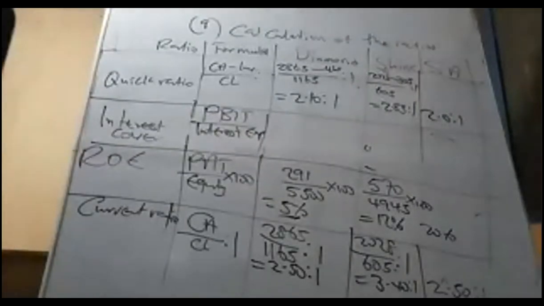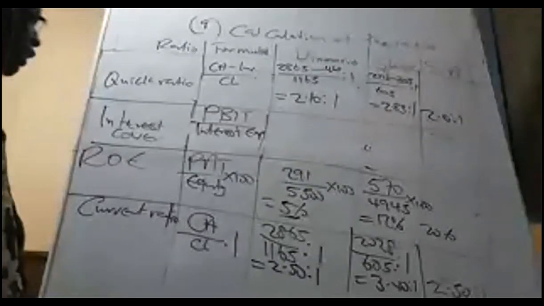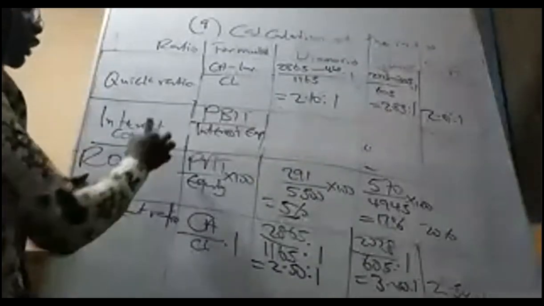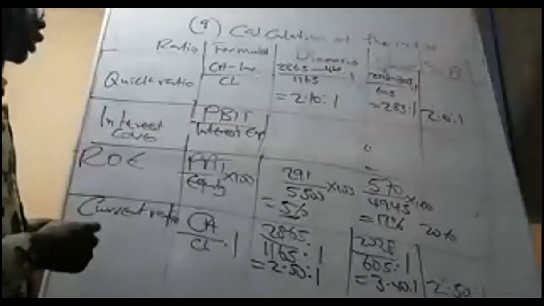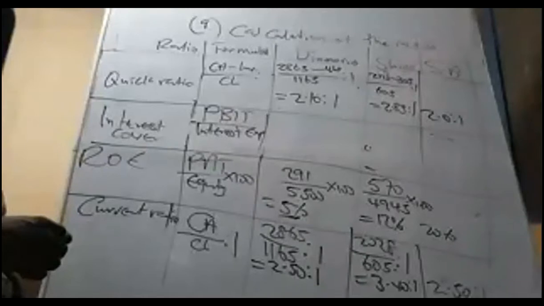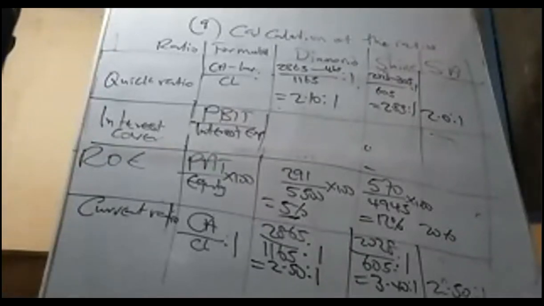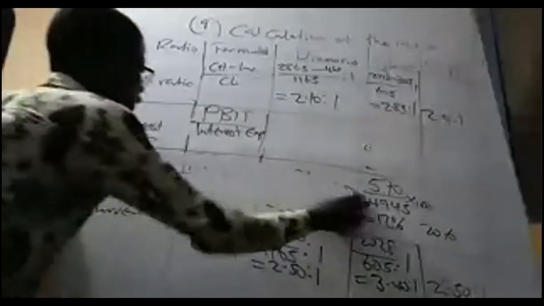I have the profit before interest and tax. When I calculated the receipt, I finished, which means I have to go look for it again. But we have 2,100.